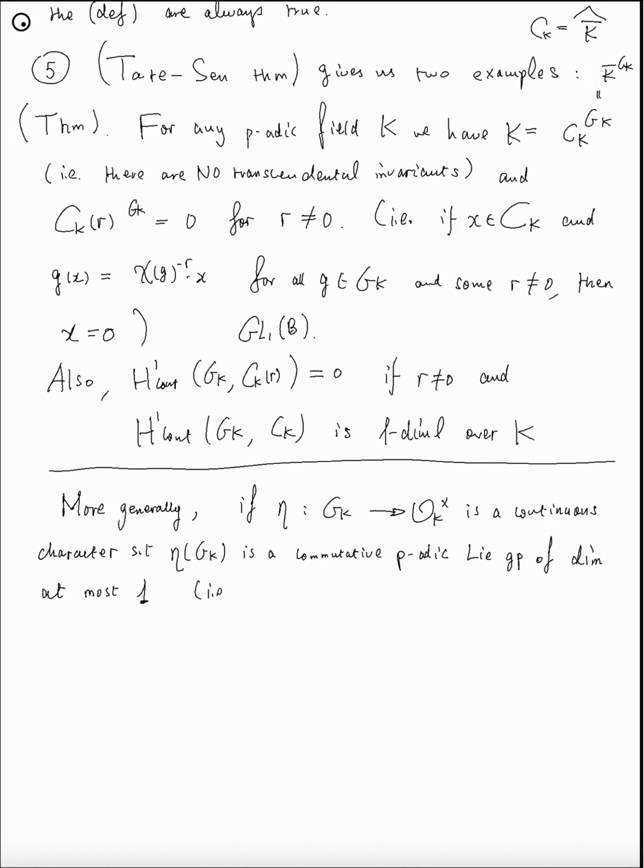In other words, eta of J_K is finite, or it contains Z_p as an open subgroup.